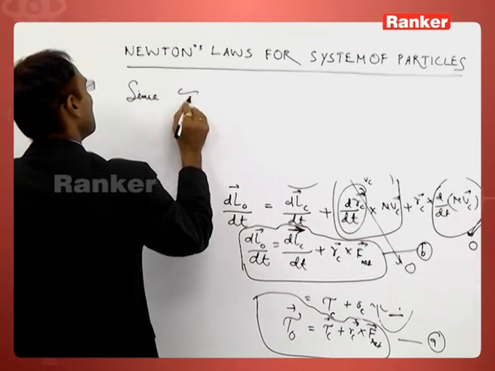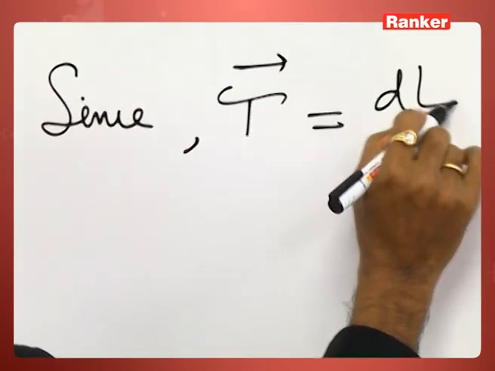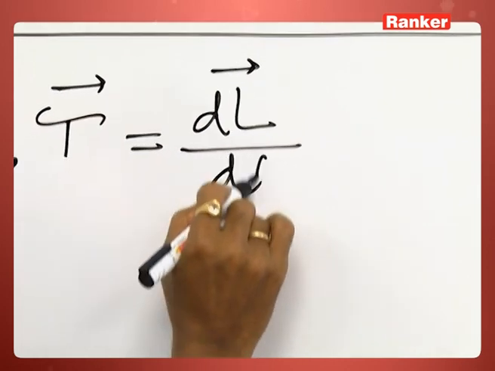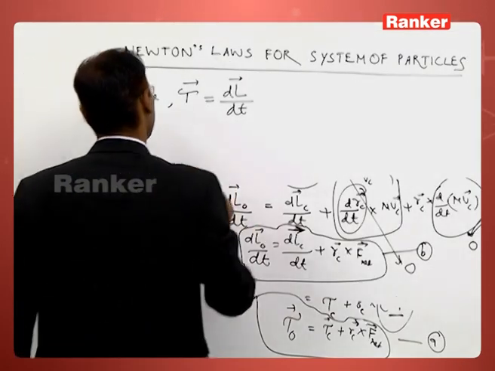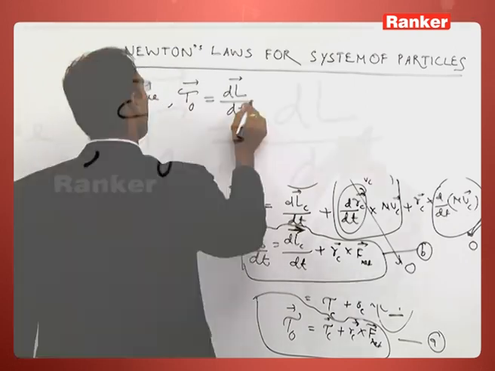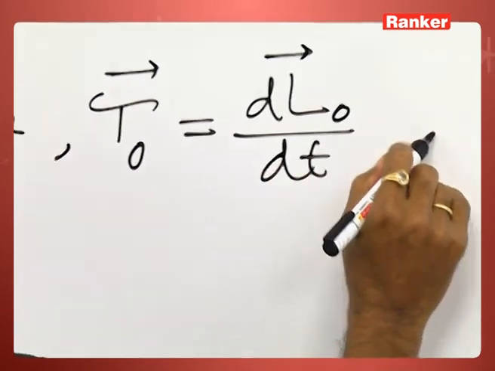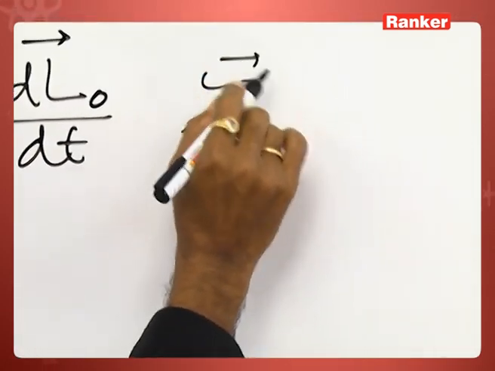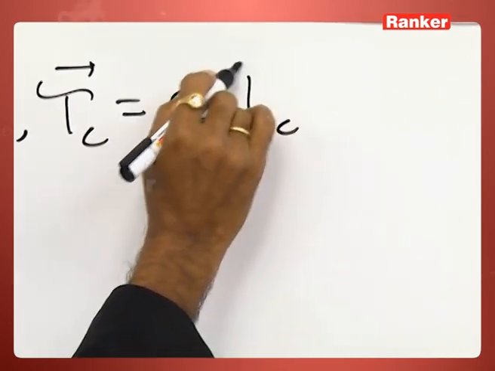Since torque is equal to the rate of change of angular momentum for any reference point, we can write tau O equal to d by dt of LO. Tau C is equal to d by dt of LC.